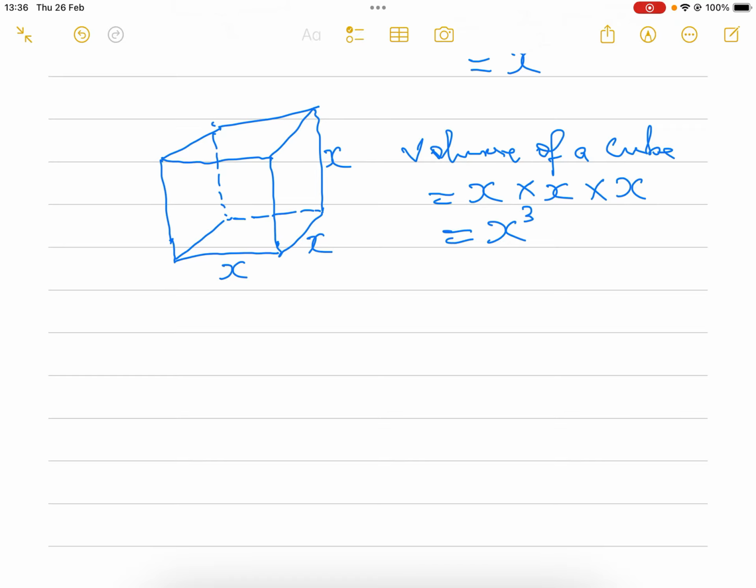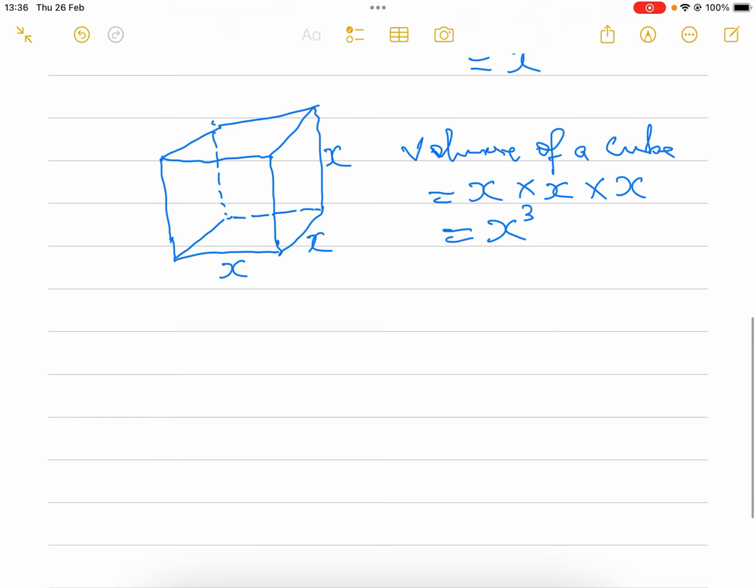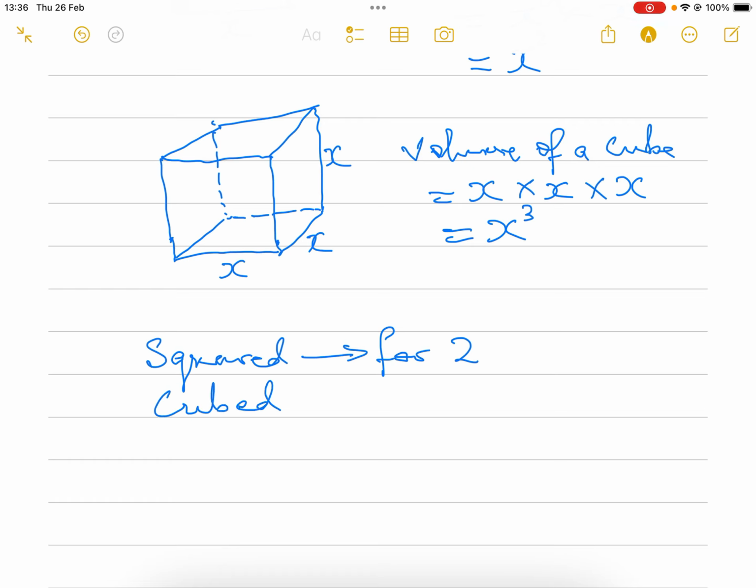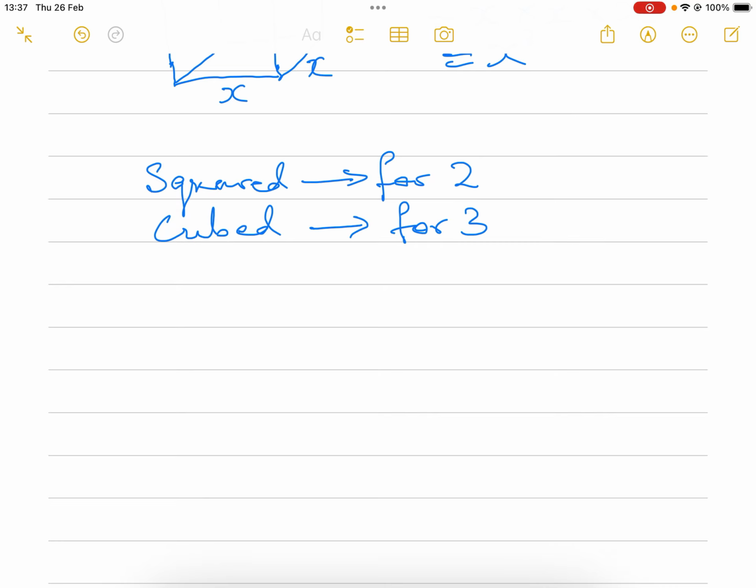That is why we say squared is for 2 and cubed is for 3.